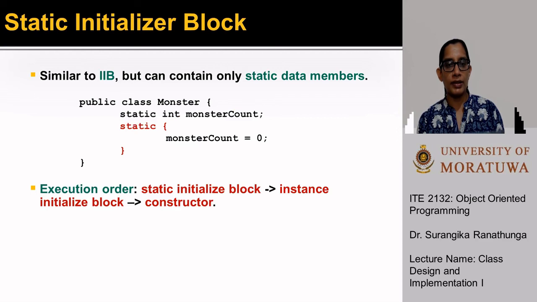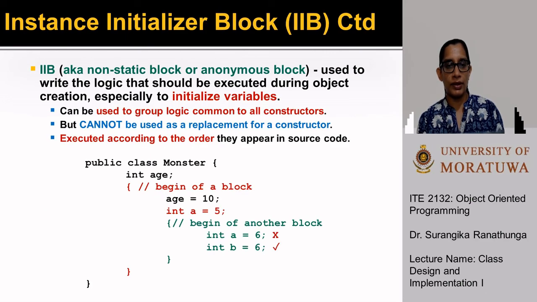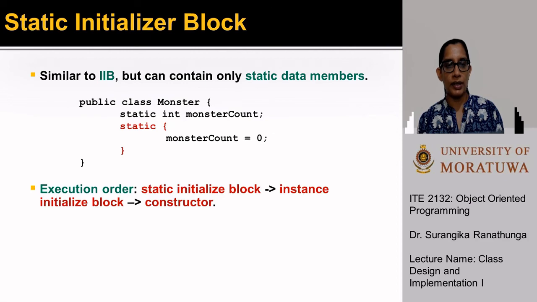Finally, the static initializer block. It is very much the same as the IIB. The only difference is it has a static keyword. If you remember earlier, this non-static block, or the anonymous block, or the IIB, did not have any keyword in front of the block, but for the static initializer, we have the word static.